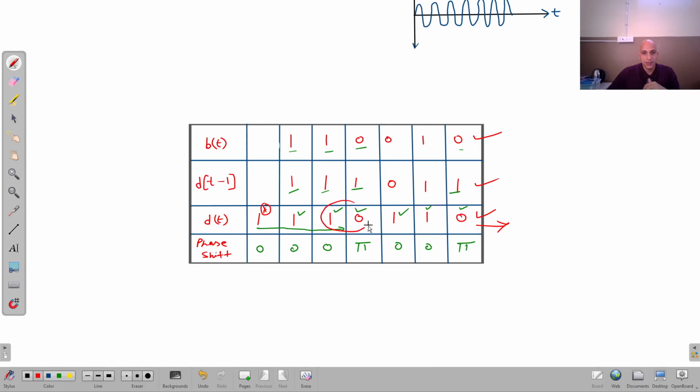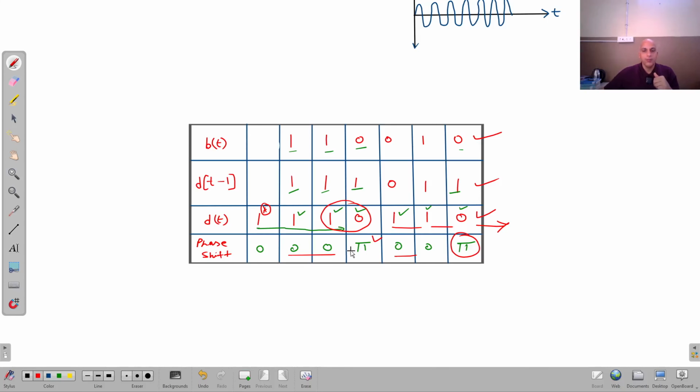Here 1 to 0, pi phase change. But when the bits are the same, no change in phase. When the bit changes, there is a change of phase. This is how DPSK modulation works and how the phase is changed.